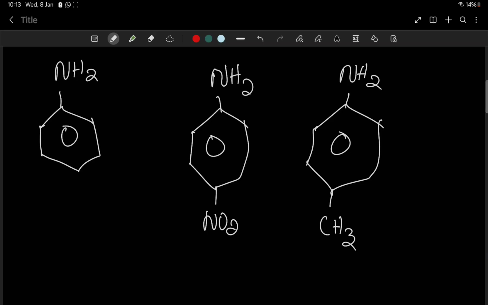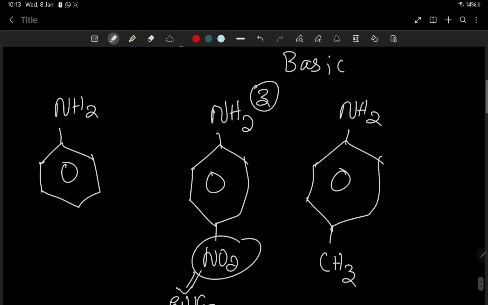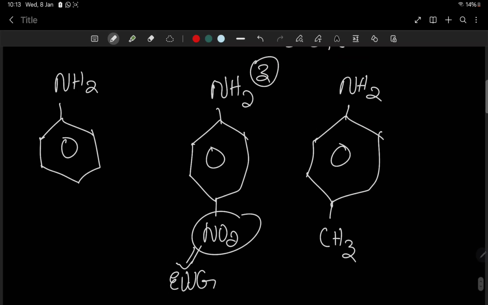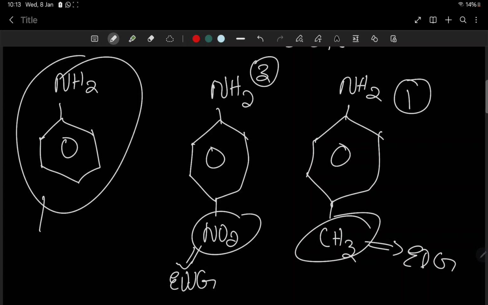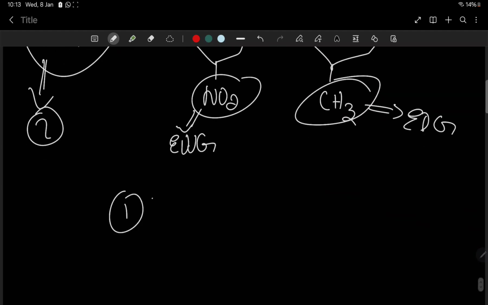Nitro is an electron withdrawing group, so basic character decreases and it will be third, least basic. Now CH3 is an electron donating group, EDG, so this will be in first place. This one has no group, so it will be in second place. So the order of basic character is 1, 2 and 3.